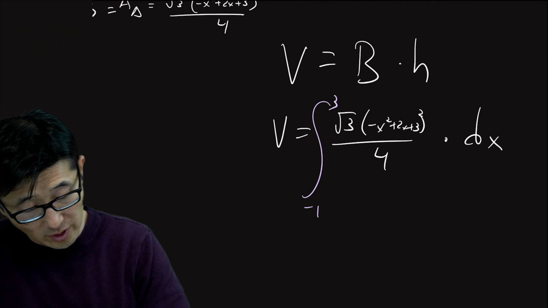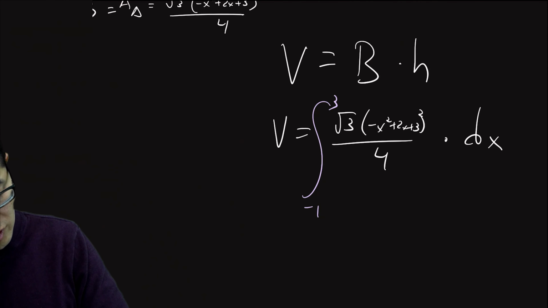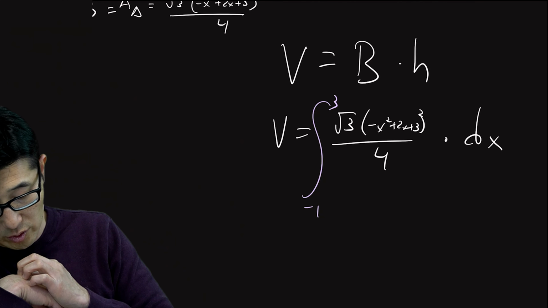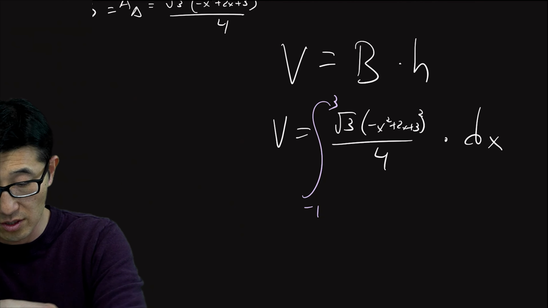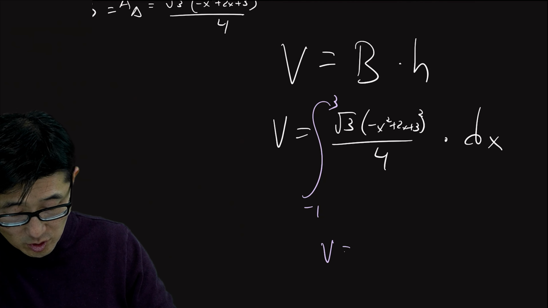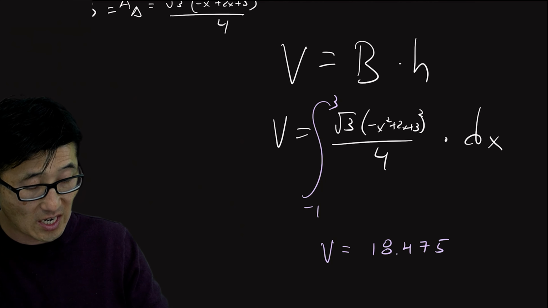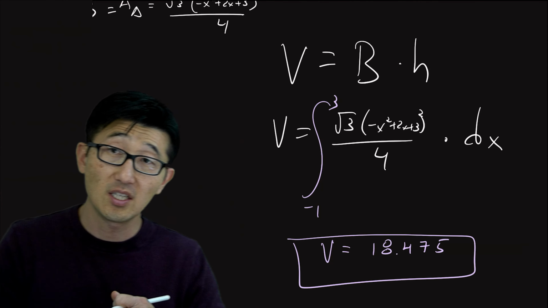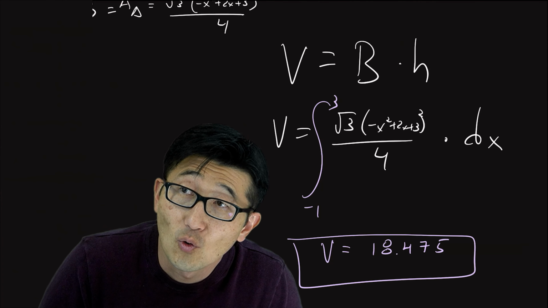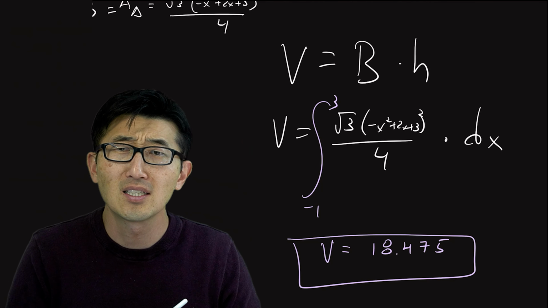Negative 1 to 3, square root of 3, negative x squared plus 2x plus 3 dx, and enter. And we got volume equals 18.7475. And the answer key says 14.78.